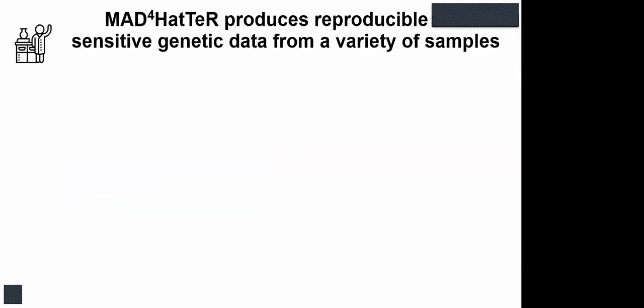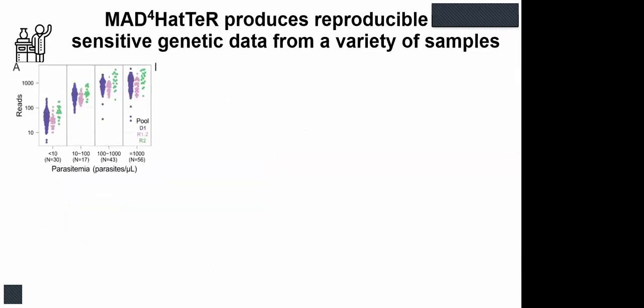And also we tried to check reproducibility. And here we tried it on different pools. For example, the first graph here, we tried out a number of samples with different parasite densities, which we call parasitemia, which is parasites per microliter in a sample.